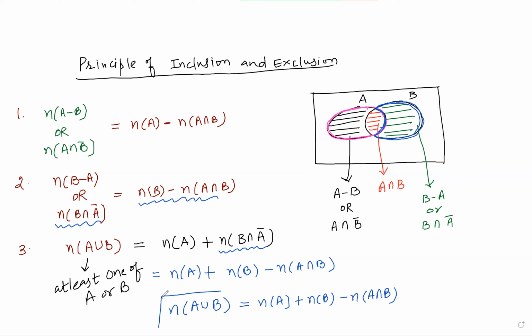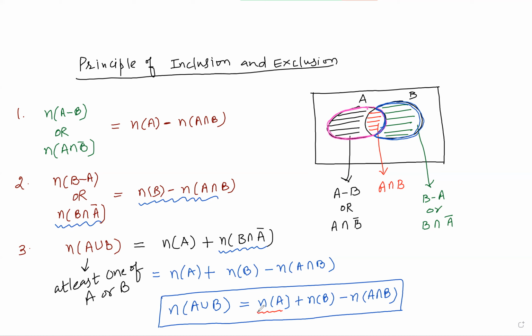This is basically known as principle of inclusion and exclusion. The first question which arises here, why do we call it inclusion and exclusion?